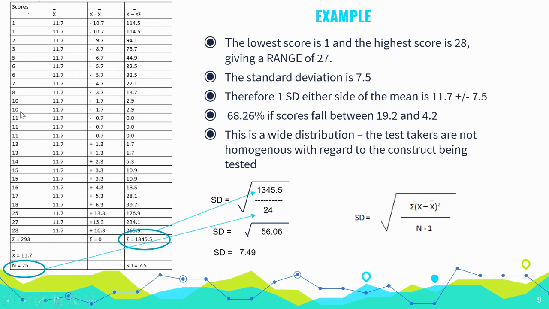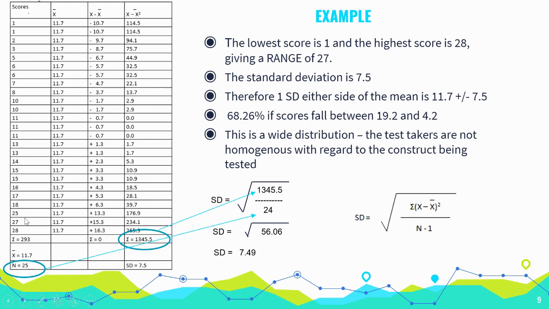So if someone gets 10, 10 minus 11.7, the average, means that it's minus 0.7. So they're 0.7 units below the mean. When you go above the mean of 11.7, someone gets 13, 13 minus 11.7 is plus 1.3. So they're 1.3 units above the mean.